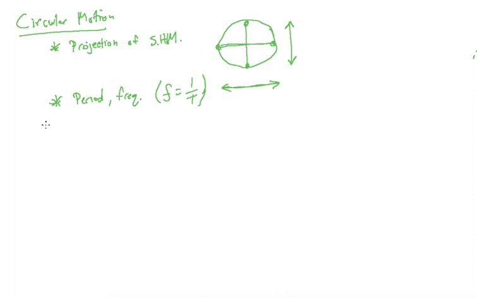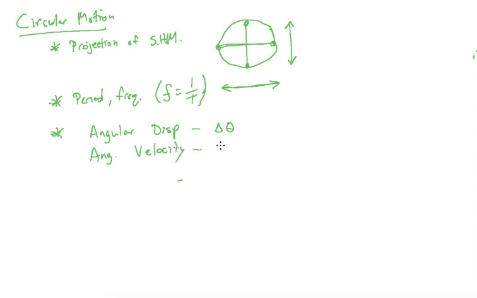We can define a few things. When we do things linearly, we have a displacement. What we're going to have now is an angular displacement, and that, of course, is just going to be delta theta. That's just our angle, the angle that you traversed. We'll have an angular velocity.